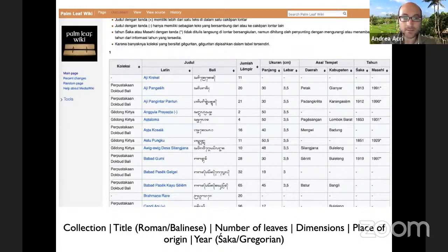So this is at least an improvement with respect to the other repository, although there are also some missing details. But again, there is not really a catalog interface. There is only a search facility, but nonetheless, it is of course a good idea to put all these data here.